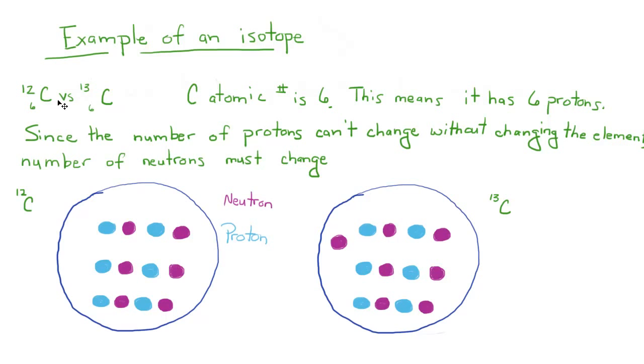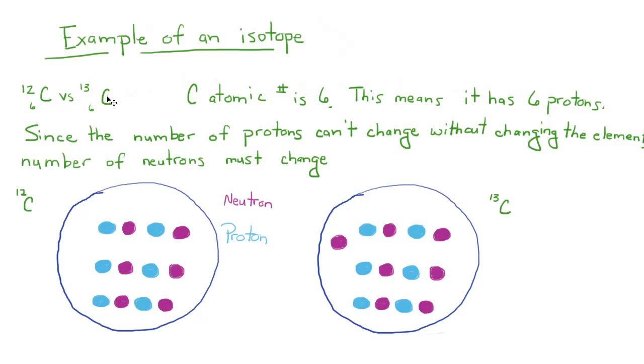What I've written here is called chemical shorthand. The top number is going to be your atomic weight. The bottom number is going to be your atomic number. Most people are going to leave the atomic number off since you have the elemental symbol right here. You already know how many protons you're going to have. But anyways, the symbol C stands for carbon.